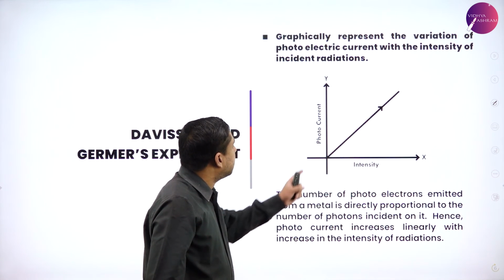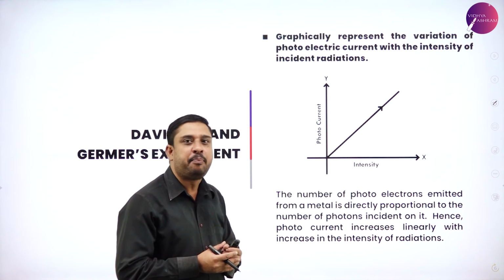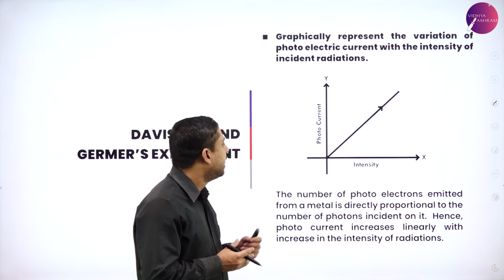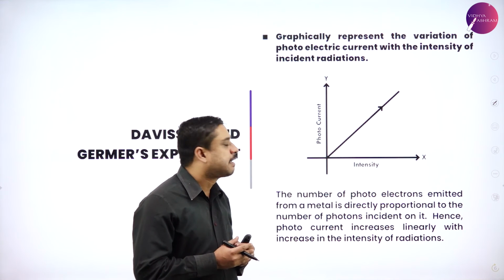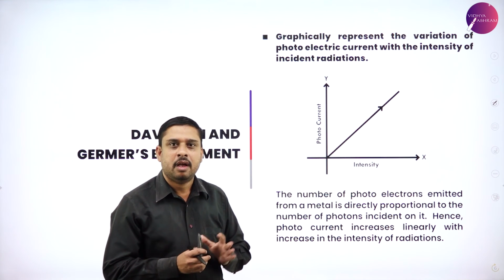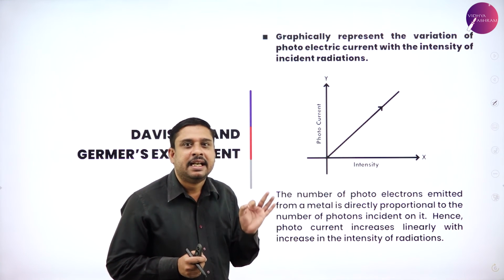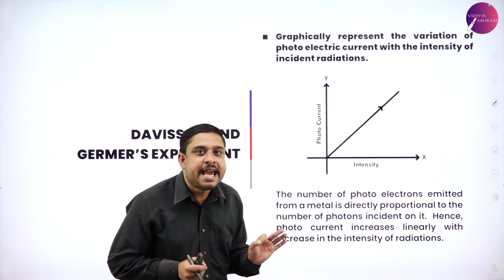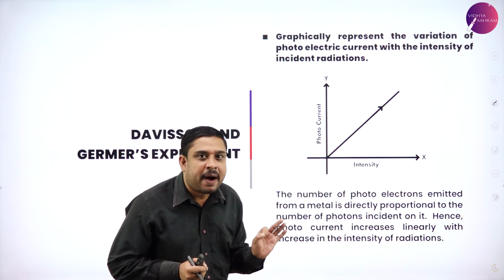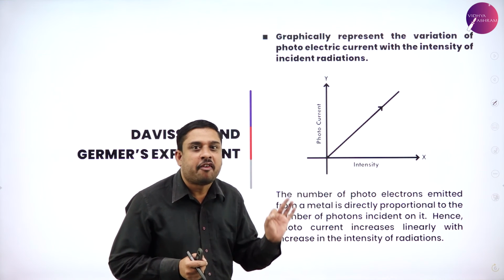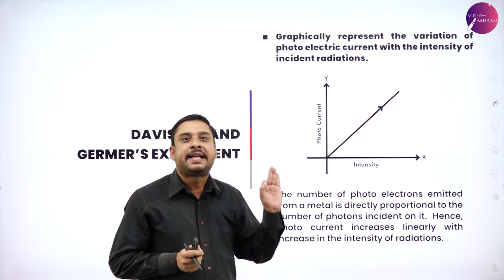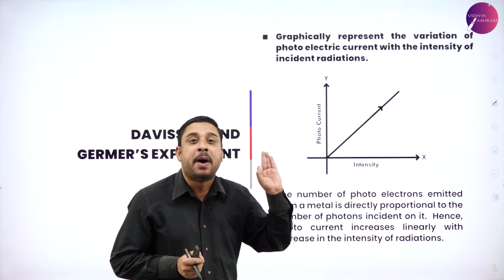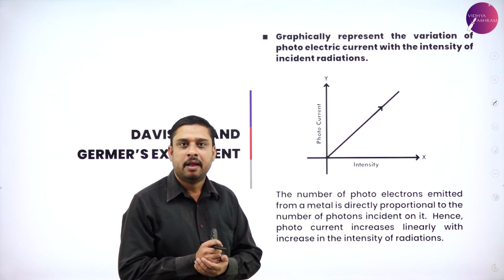Now, the graphical representation of the variation of intensity with current. I told you intensity is nothing but the number of photons falling on a metal surface per second.